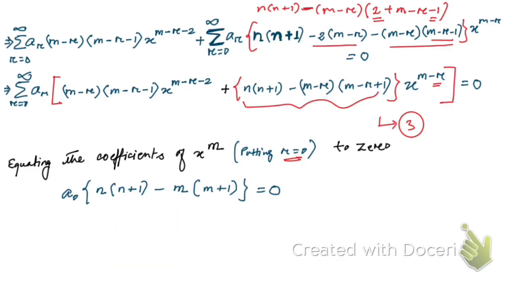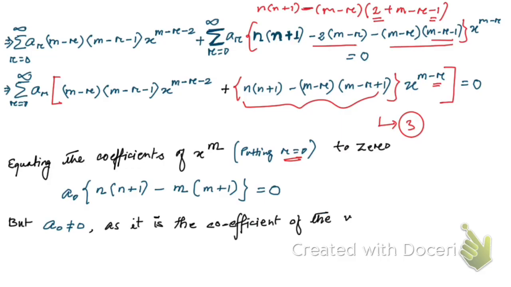That's why here I'm going to write that this A0 is not equal to 0, as it is the coefficient of the very first term of the series. So we have considered it that way.